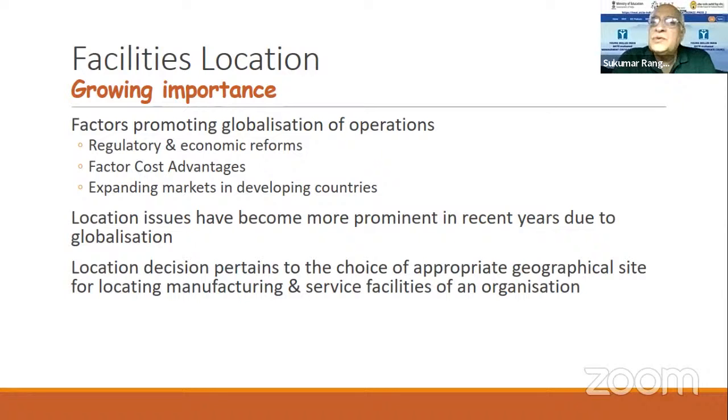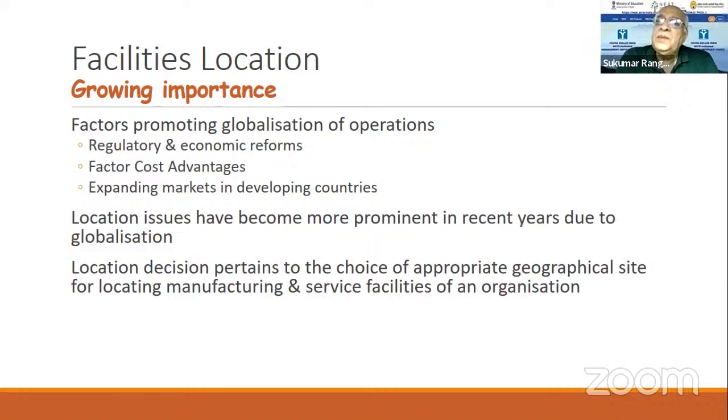Instead of saying plant, we can also call it facilities location. Why is facilities location important? Because in a globalized world, even a single product, especially things like semiconductors, is designed somewhere, the wafer is grown somewhere, the etching and other things are somewhere else, the packaging is done somewhere, the warehousing is done somewhere, and finally it is distributed all over the world.